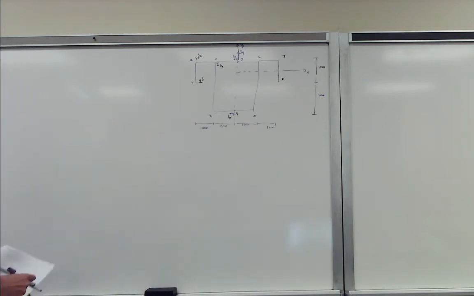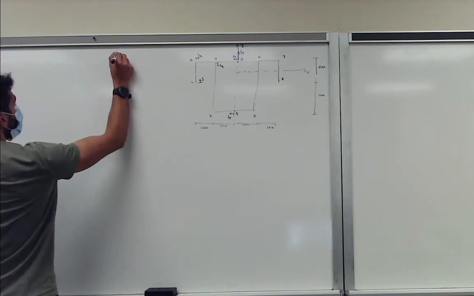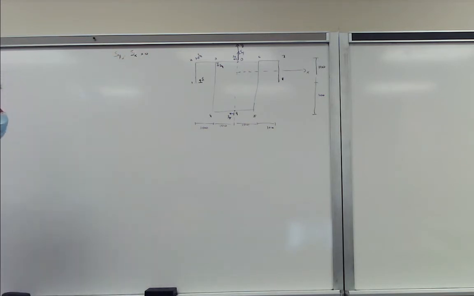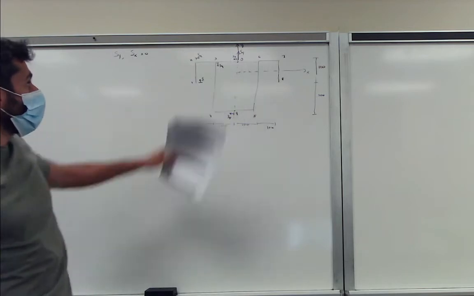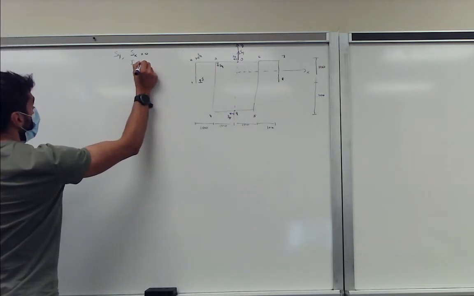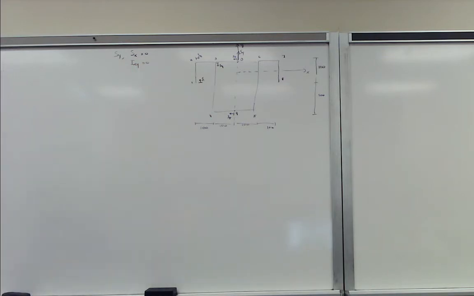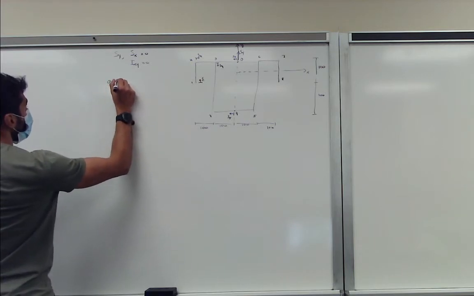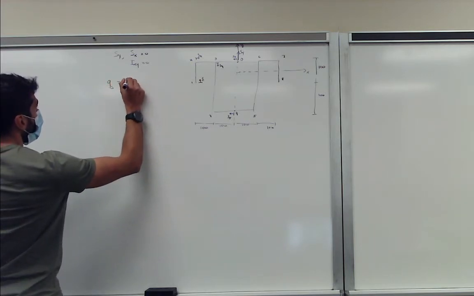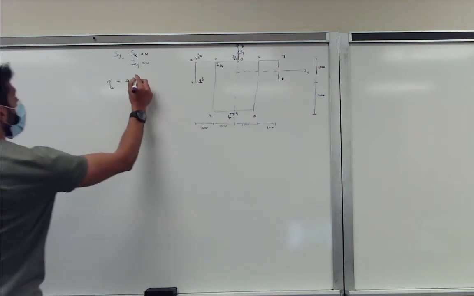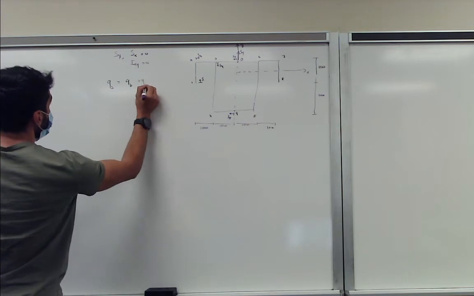Okay, so let's analyze it. We know we have given Sy, but Sx is not given, so we can assume it's equal to 0. We know we have one plane of symmetry, so we can conclude that Ixy is equal to 0. Based on those two equations, our shear flow equation is qs equals qb plus qs0.